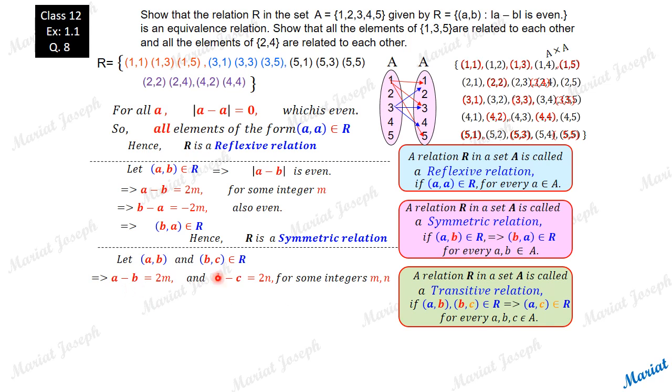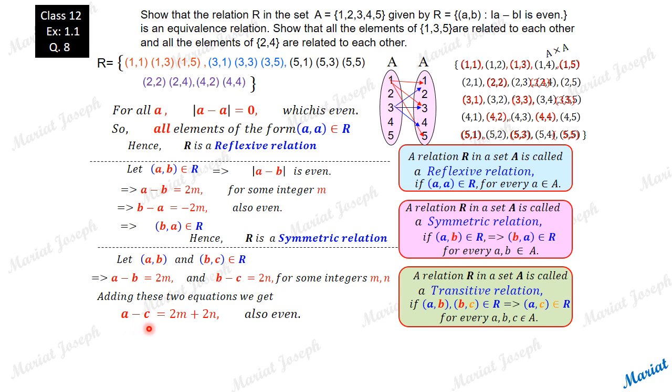Now, from these two equations, we would like to eliminate b, the common element. For that, I am going to add these two equations. a minus b plus b minus c is a minus c on the LHS and 2m plus 2n on the RHS. 2m plus 2n, where m and n are integers, 2 into (m plus n) is also even.